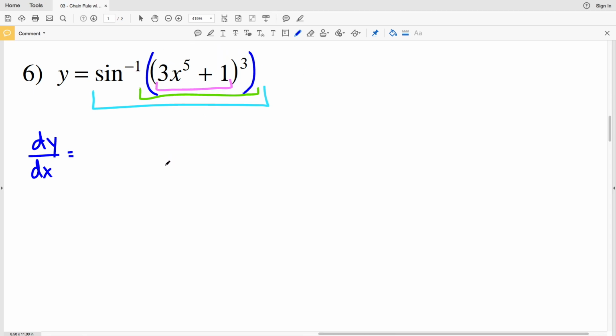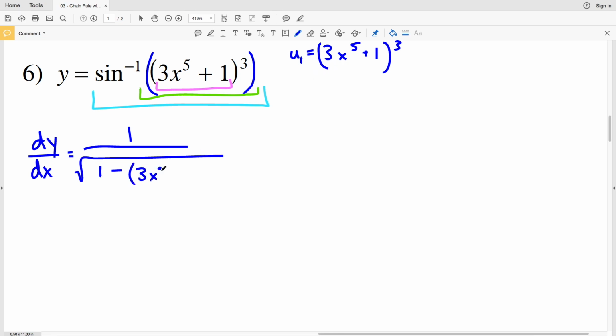So let's say u. So if we set u equal to 3x to the fifth plus 1 cubed, and this will be u sub 1, when we take the inverse sine of u sub 1, that will be 1 over the square root of 1 minus that entire inside function u sub 1, 3x to the fifth plus 1 cubed, but that entire quantity squared, u sub 1 squared.